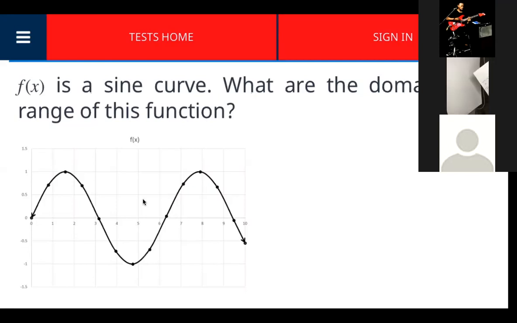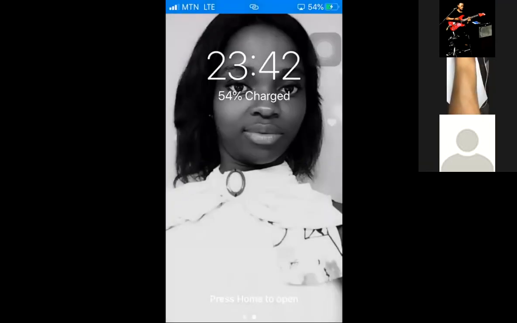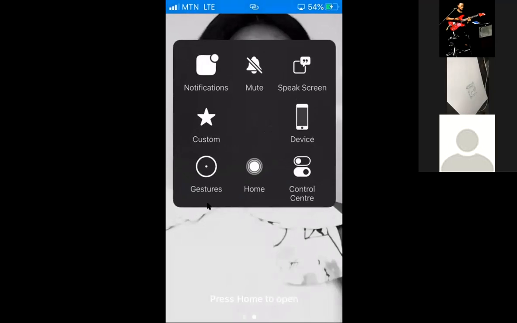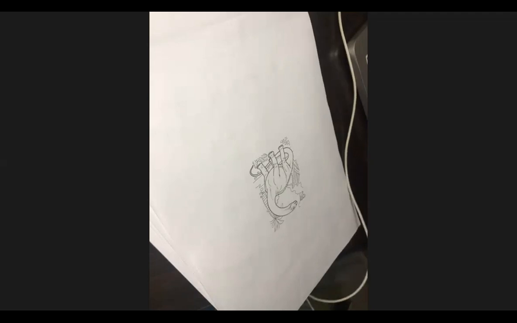So I want you to try this for me, and let's see. I want to give you a quadratic function to try, so that I would know your strength in quadratic functions. From quadratic functions, we will head on to polynomials.